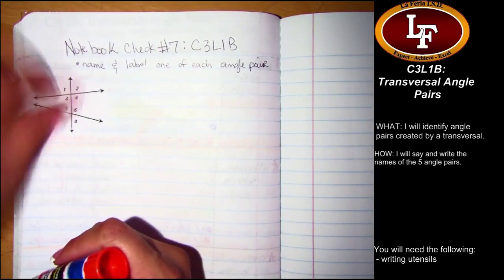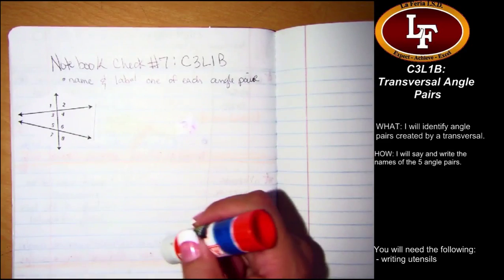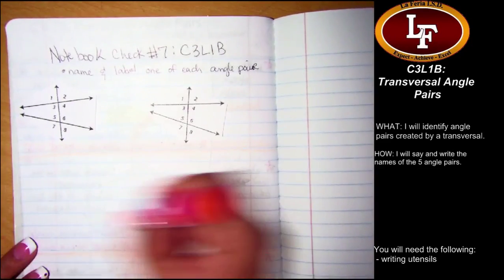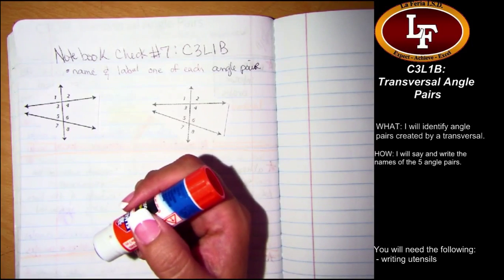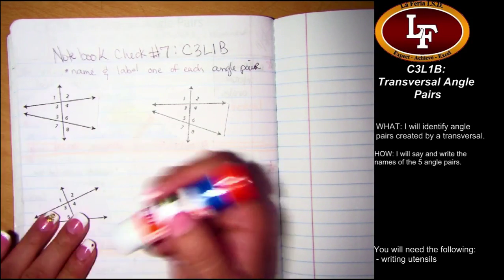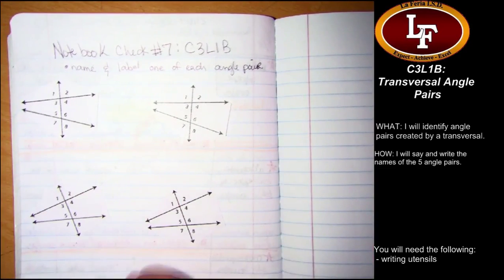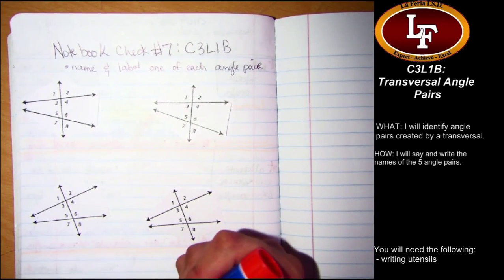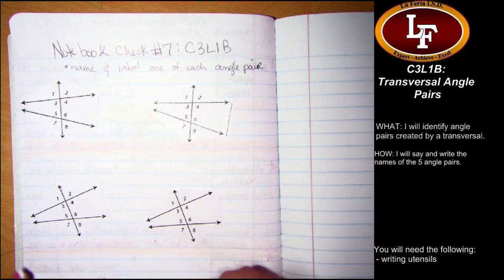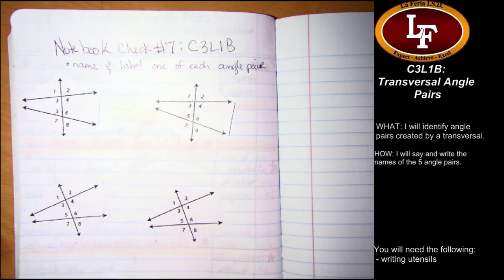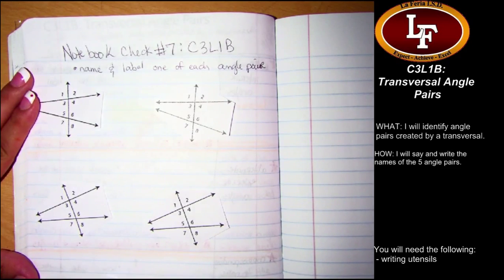So you're going to take this whole page and you're going to fill and glue it in with the 5 remaining blanks that you have available to you. Doesn't matter where you put them. Doesn't even matter what direction you put them in. And you're going to name each one.